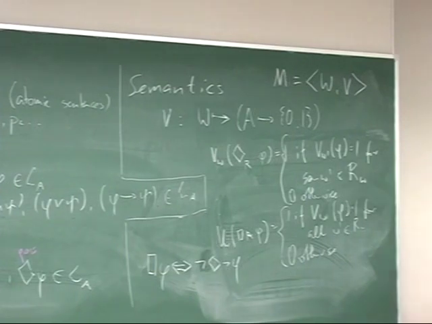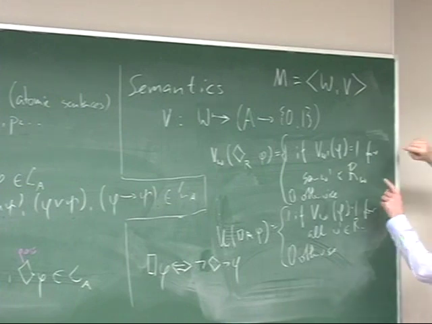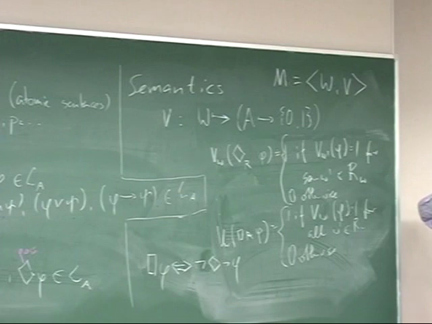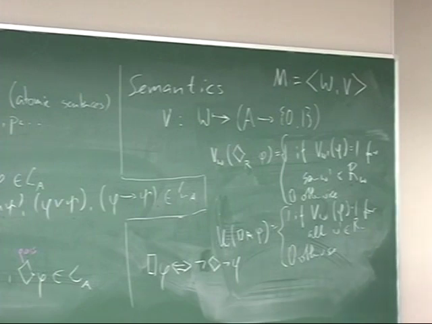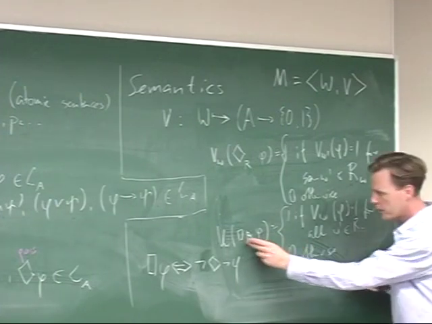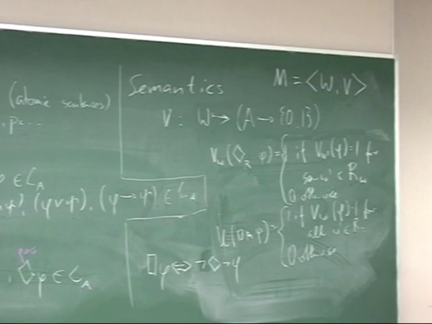I would have said something like, the possibility modal is true if and only if the intersection is not empty, right, between RW and this denotation of the sentence. Down here I would have said, this is true if and only if RW is a subset of this denotation of the sentence.